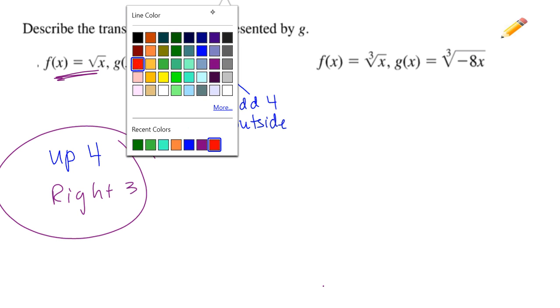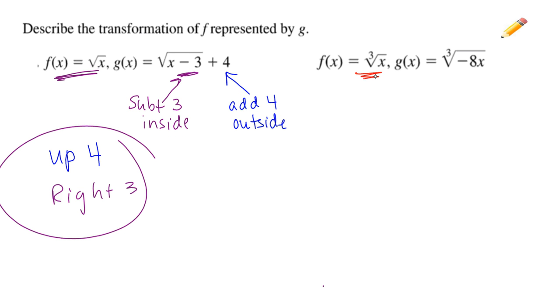Okay, next one. Original is cubed root of x. Inside, oh, this is a bad example. Pretend that 8 is out here. We didn't do the horizontal one, so that's okay. So inside here, there's a negative inside. And then outside, there's this 8.